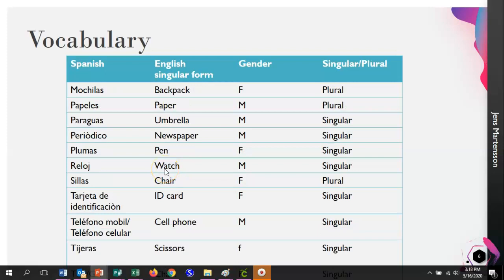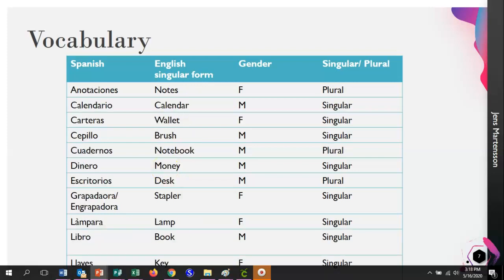Tiza is chalk. It's feminine and it's singular. Other examples also include anotaciones, notes, female, plural. Calendario, calendar, masculine, singular. Carteras, wallet, feminine, singular. Cepillo, brush, masculine, singular. Cuadernos, notebook, plural. If it would have been cuaderno, it would have been singular.